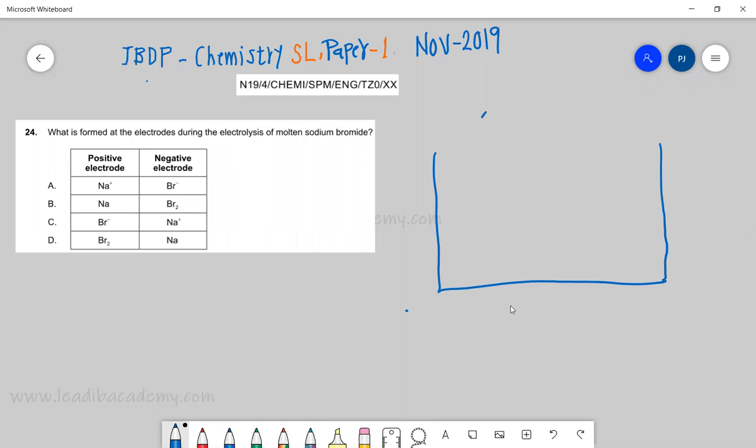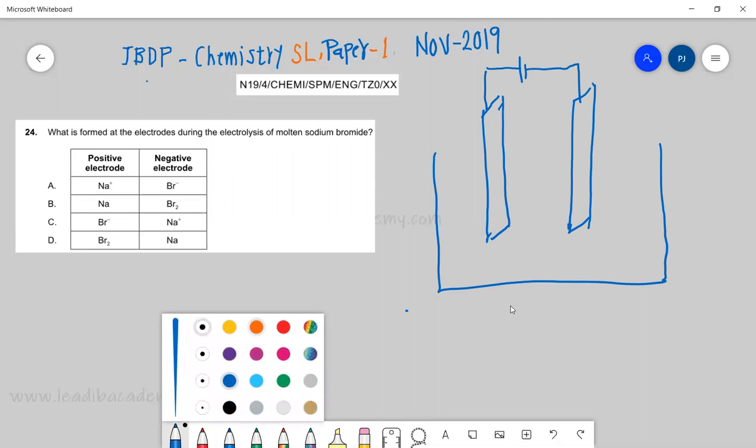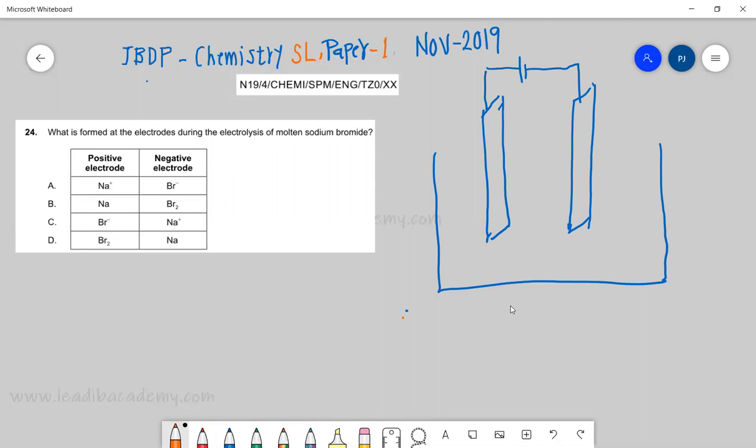Let's put electrodes, plus and minus. Obviously the negative electrode, because this is electrolysis. So this is the cathode, and this is the anode.